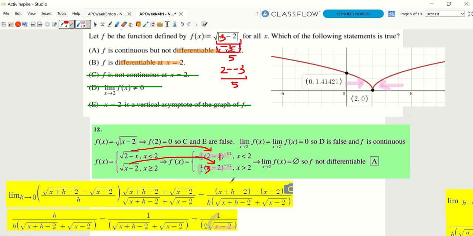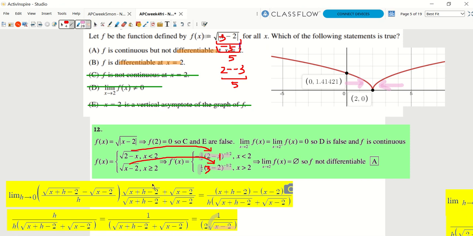And you can see that once you plug these in, it's not going to work out. They're not going to equal each other. And if you want to get even crazier, you can go 0.5 here, 1.5 here, 2.5 here, and basically the slopes are not converging for this one.